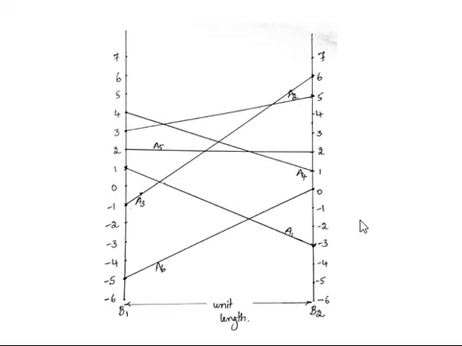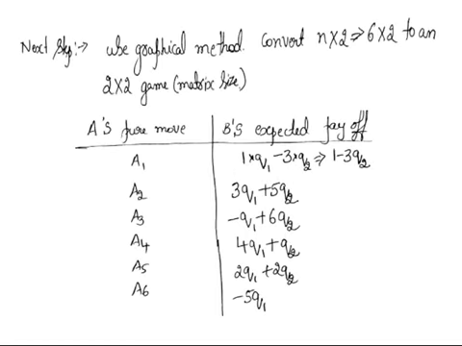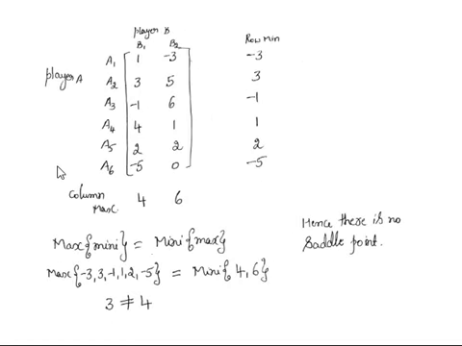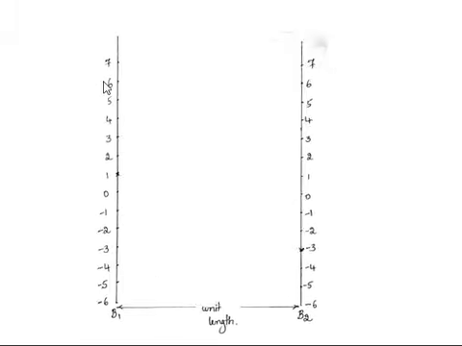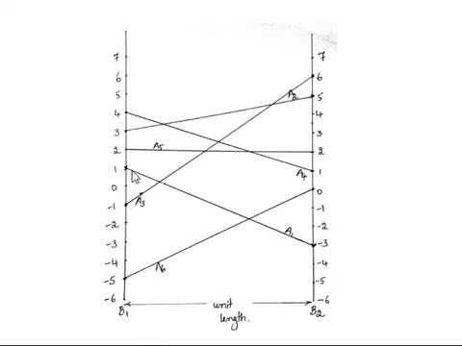The next procedure is, by observing the payoff matrix, we need to mark out the points. The first point is 1, minus 3, for the A1 strategy. So 1 comes at the B1 column and minus 3 comes at the B2 column.